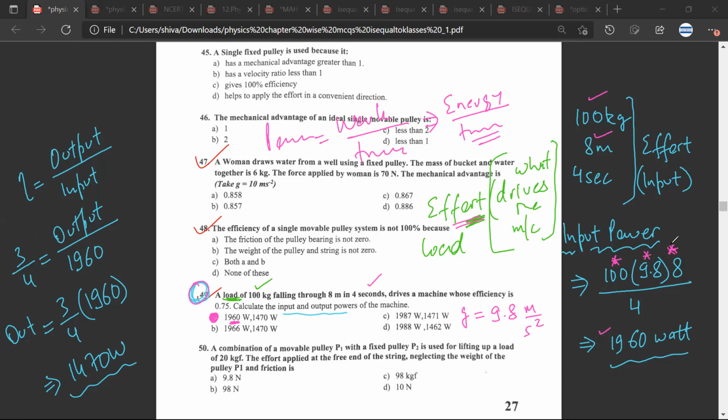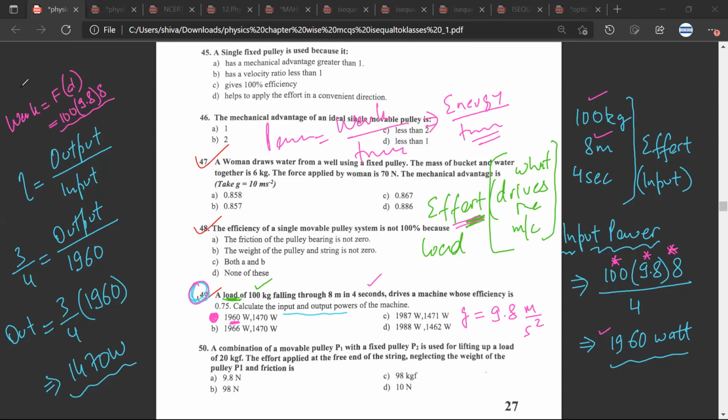Or if you are not comfortable with this, then you can say that work is force into distance. That also is a good enough approach. It will give you the same answer. The force is 100 into 9.8 into the distance 8 meters. You can look at this effort in two ways.